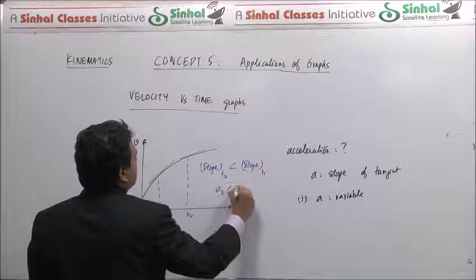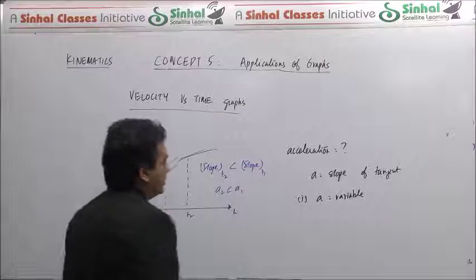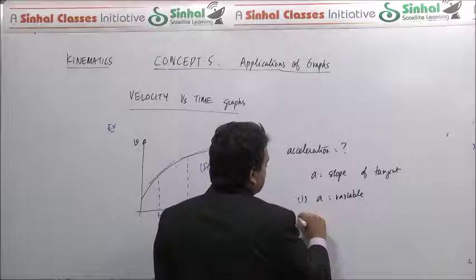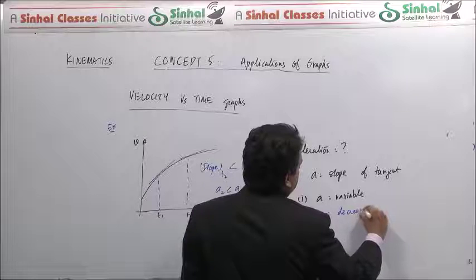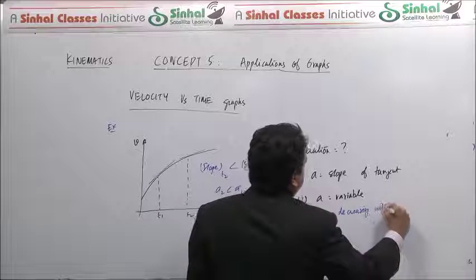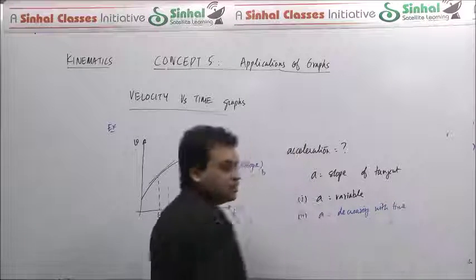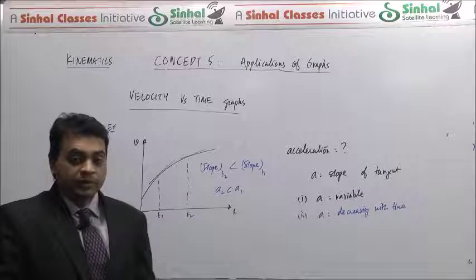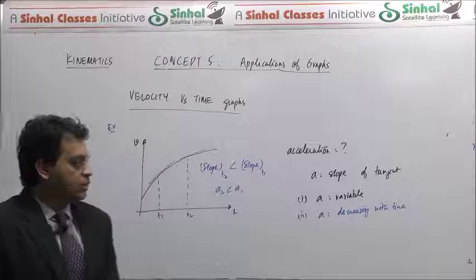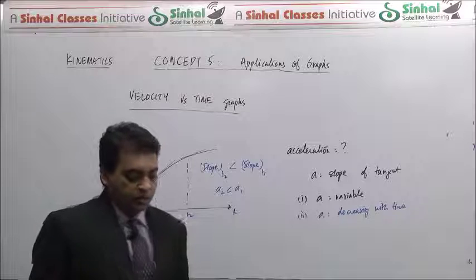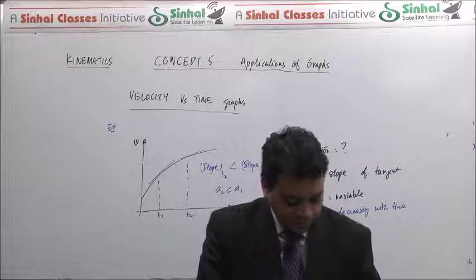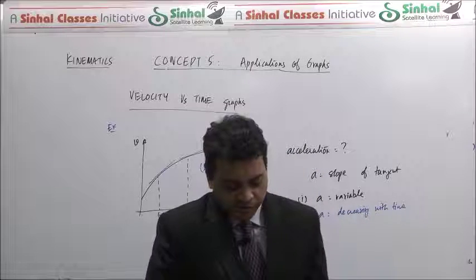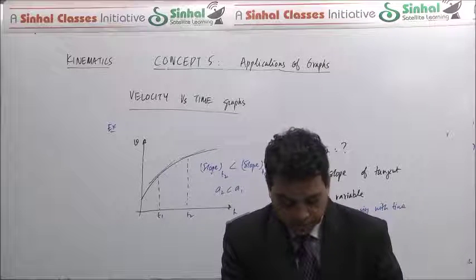So t2 is less than t1. So here the second thing we can analyze from the graph is that acceleration is decreasing with time. So that is just an interesting geometrical idea, that by analyzing the slope of the velocity time graph, you can tell whether the acceleration has a certain pattern, like it might be decreasing or it might be increasing, etc.